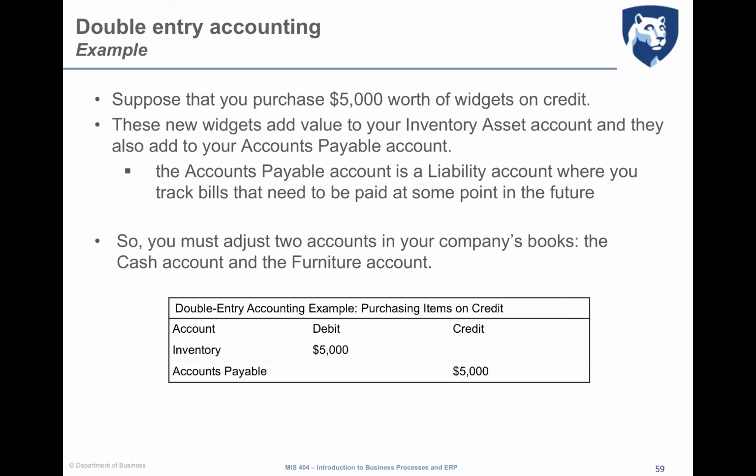And here is how this action affects the double entry bookkeeping transaction. As you purchase some widgets on credit, you first touch the inventory account, which will be increased by $5,000 on the asset side. However, as you purchase on credit, you also need to increase a liability item, in particular the accounts payable, on the credit side by 5,000.